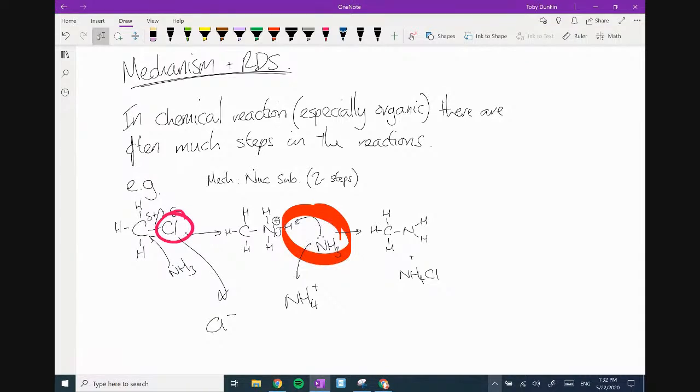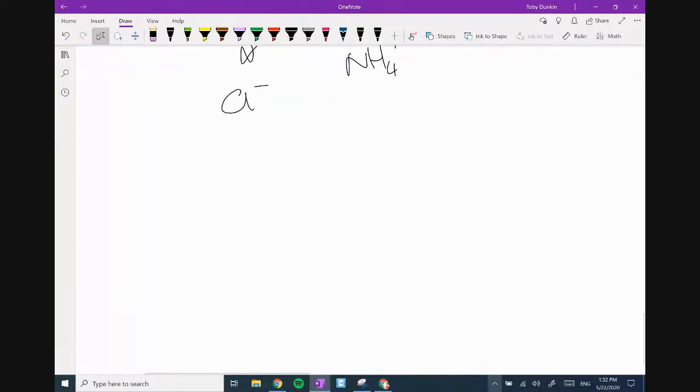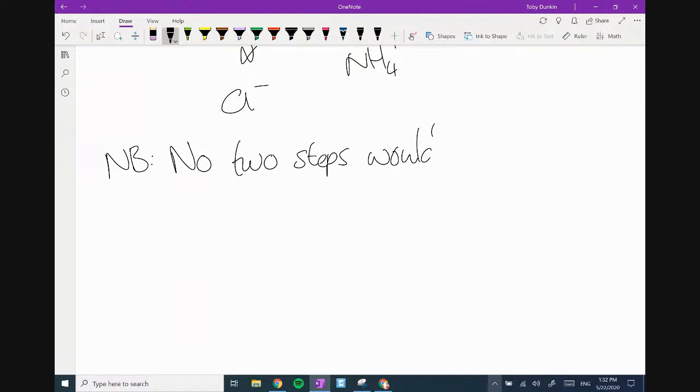If you go on a journey in a car with your parents or with your friends, and you've got to break the journey in half, no matter how hard you try, no 2 stages, nota bene, no 2 steps would have the same rate.